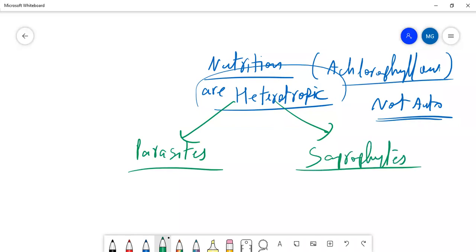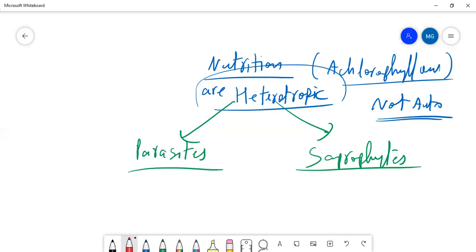They will grow on dead organic matter, like wood, where we have bracket mushrooms, or cow dung. Many times you see mushrooms coming out of cow dung. That is dead organic matter. So fungi can be either parasites or saprobes.